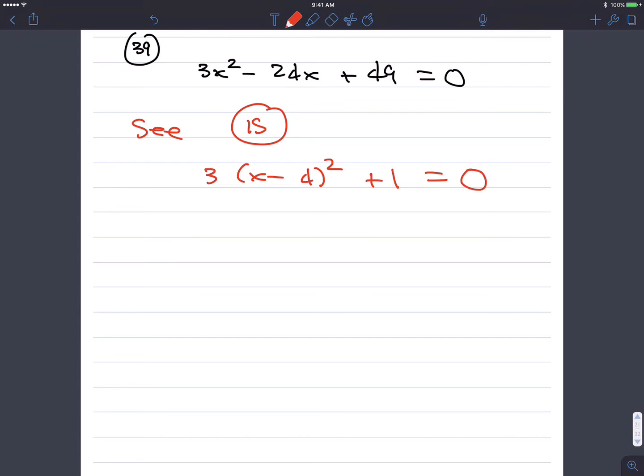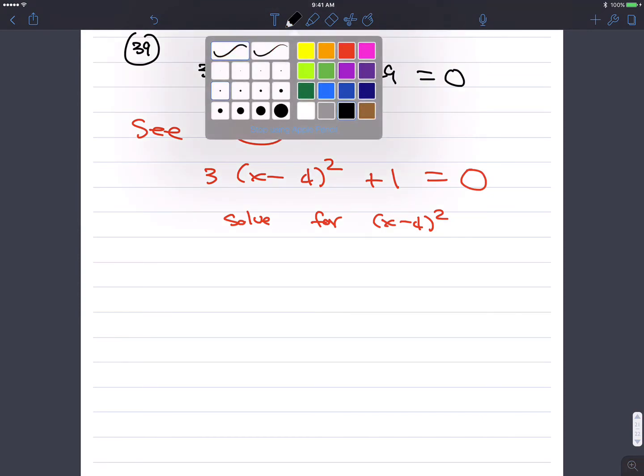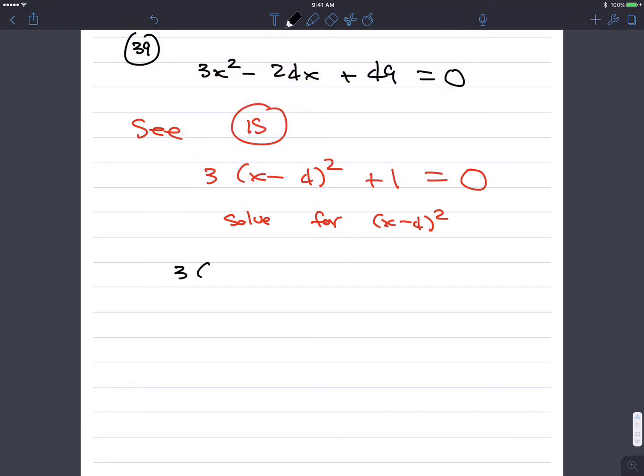So if we know what this is, we don't have to reinvent the wheel. All right, now here's what we're going to do next. We're going to solve for my x minus 4 squared because we're going to use the square root formula. So let's write this all down. 3 times x minus 4 squared plus 1 is 0.